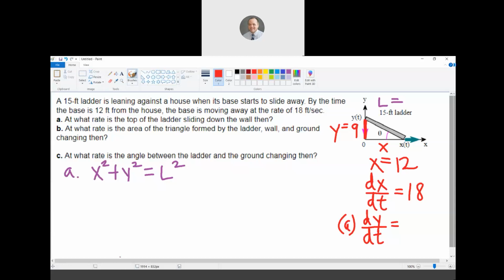All right, using our same Pythagorean theorem, we're not plugging in x or y just yet. The only thing that is fixed, that won't ever change, is the length of our ladder. So we'll plug in 15 squared there and still get 225.